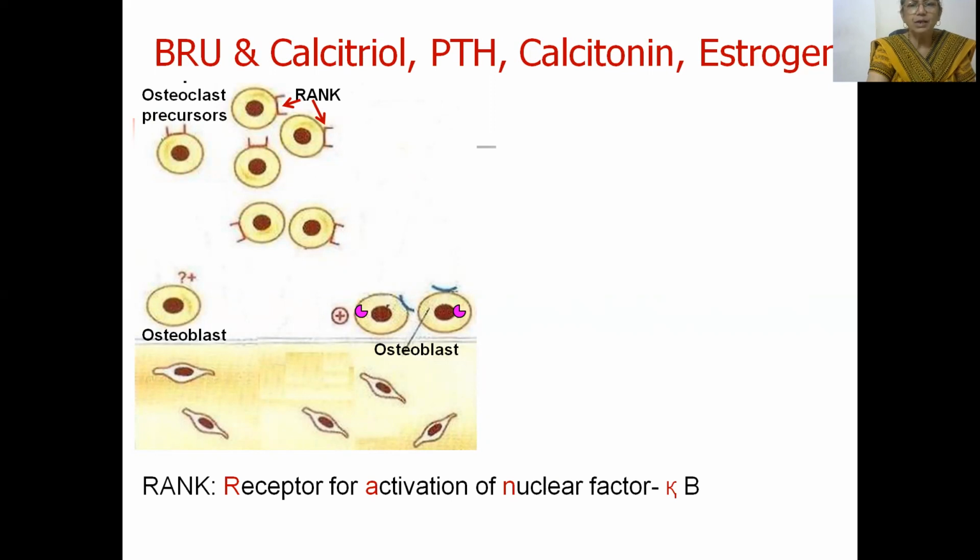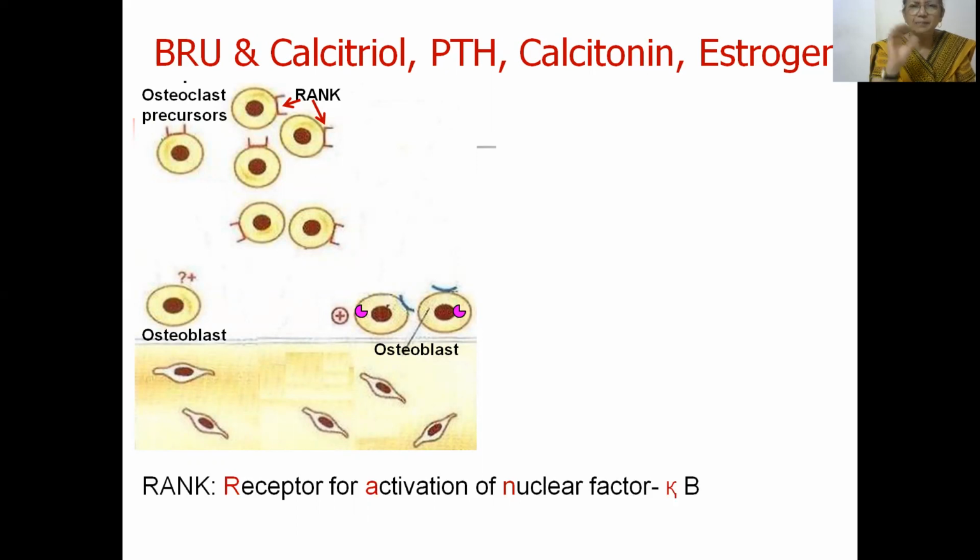In the bone remodeling unit, in the bone marrow we saw there are osteoclast precursors, and on the surface of these osteoclast precursors there are some receptors called RANK. RANK is short for receptor activator of nuclear factor kappa B, but we need not remember this full form.